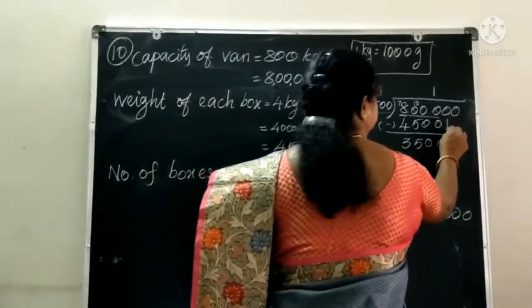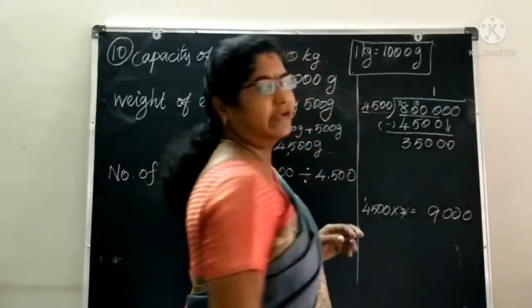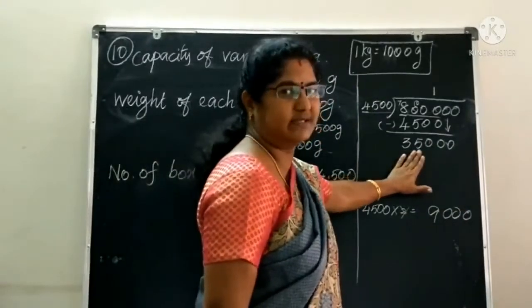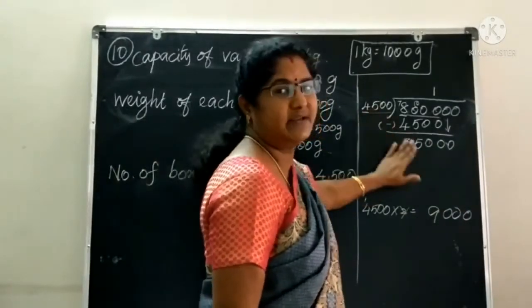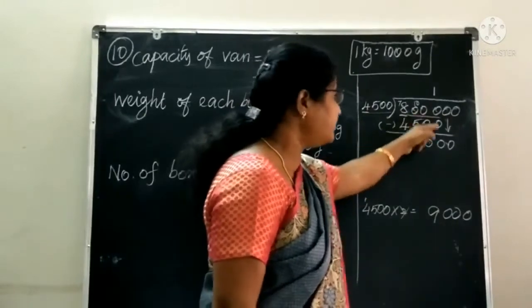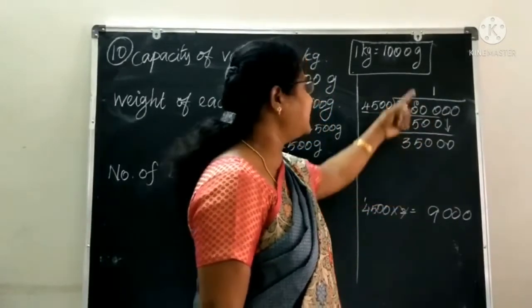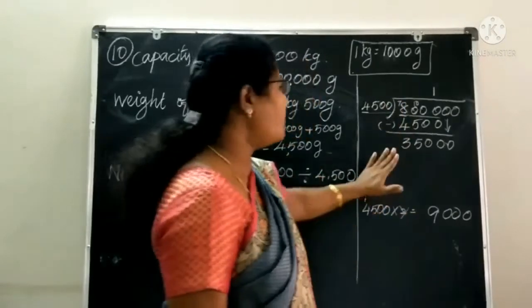Bring down the next digit. Now it is 35,000. It is bigger than the divisor, so we have to divide. Whenever you bring down one digit from the dividend, we have to divide and write in the quotient. How many times?